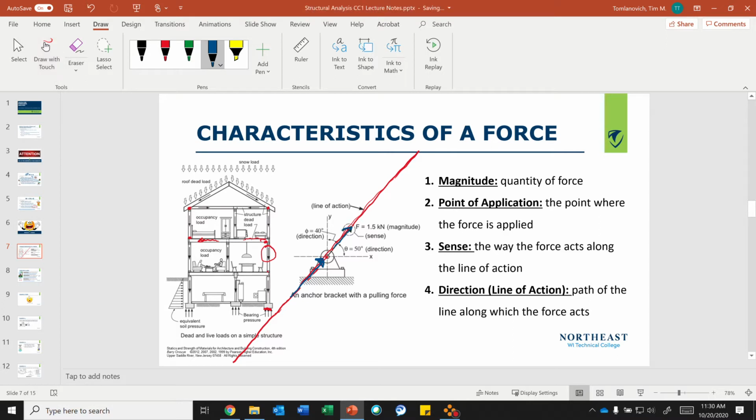what I'm doing is I can move this force vector along this line of action as long as the magnitude stays the same, and as long as my line of action stays the same and my sense stays the same. This bracket is moving this way. Would you agree? So let's take a look at the line of action of the walls.